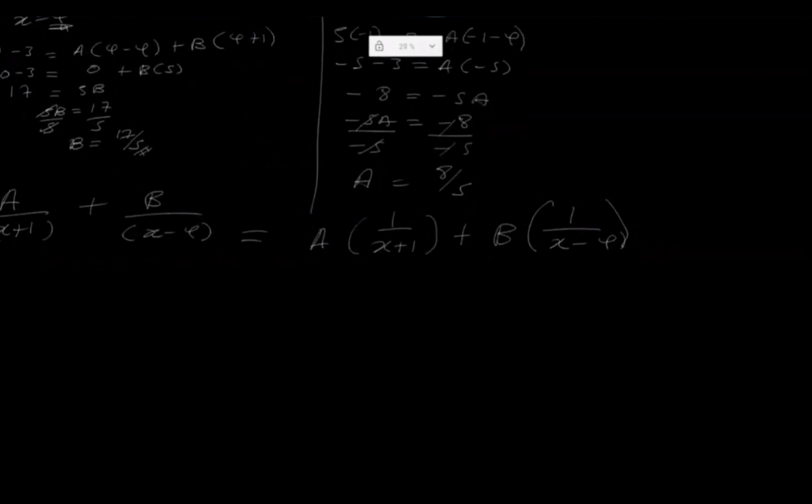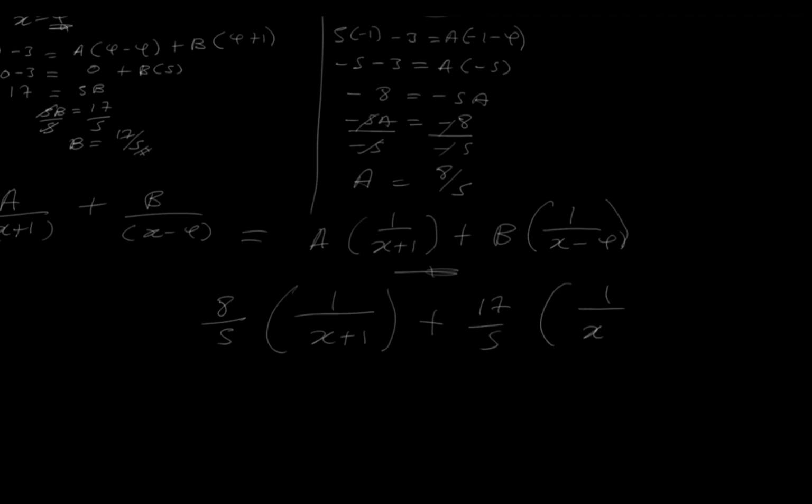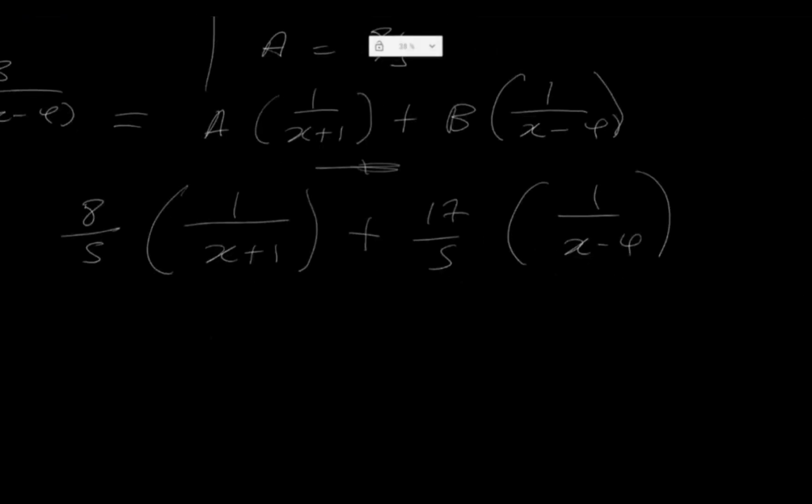Mathematically, you are allowed. So the value of A is 8 over 5 times 1 over (x plus 1), plus B, which is 17 over 5 times 1 over (x minus 4). So I can follow it out from here if I want.